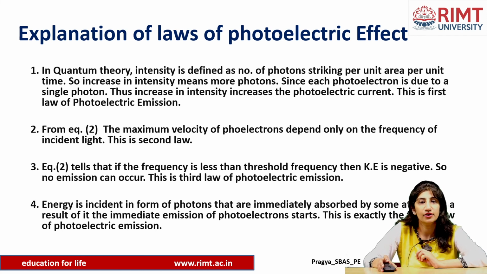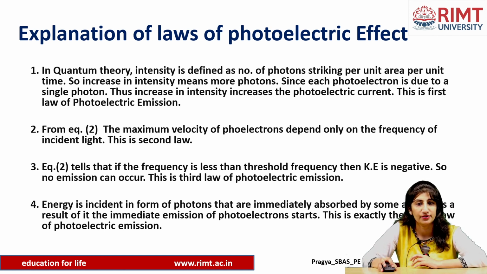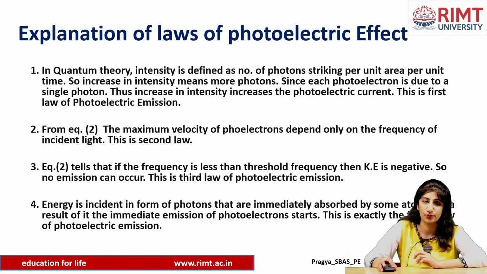This is the third law of photoelectric emission, that below frequency nu naught, no photoelectric effect or no current is produced. Lastly, energy is incident in the form of photons that are immediately absorbed by atoms. As a result, the immediate emission of photoelectrons starts. That means there is no time lag between the absorption of the photon and the emission of the electron. This is exactly the fourth law of photoelectric emission.